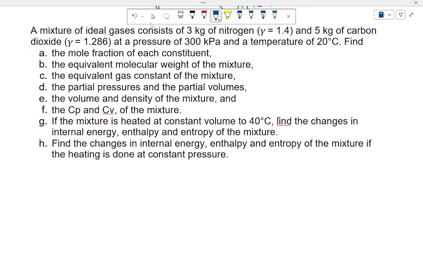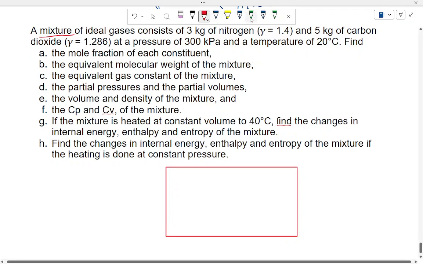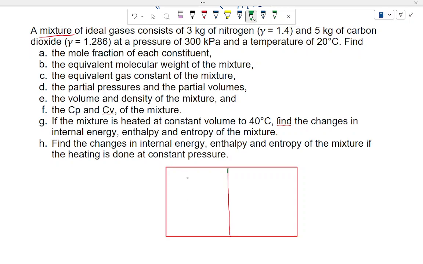Here we have a mixture of gases. Maybe you can probably consider a box like this, and in this box you have two gases here. The first gas you have here is nitrogen, N2, and on the other side you have CO2. You can read it out here.